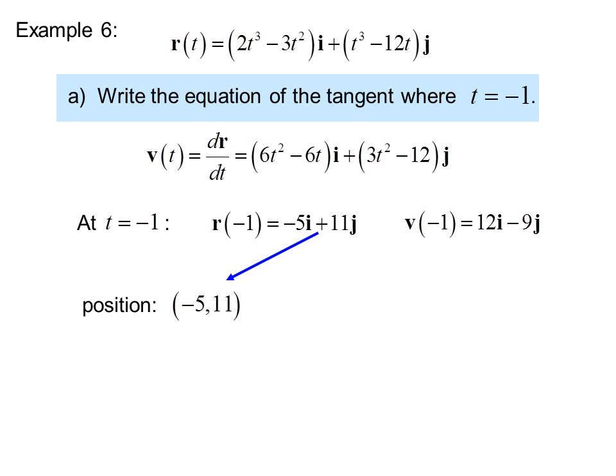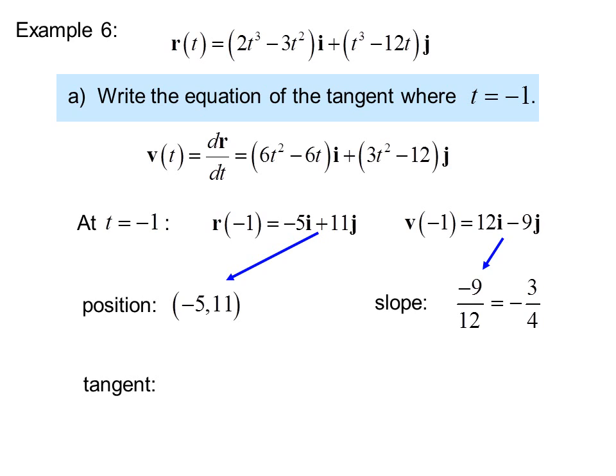The position then is negative 5, 11. That is, x is negative 5, y is 11. To find the slope, it is going to be change in y over change in x, or negative 9/12, which is negative 3/4.